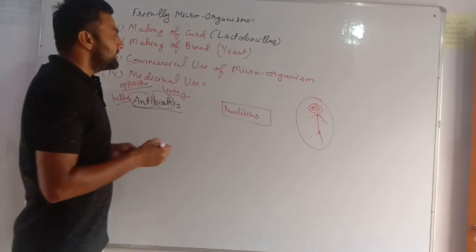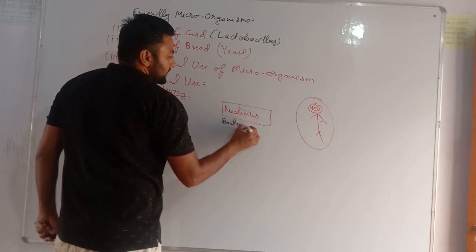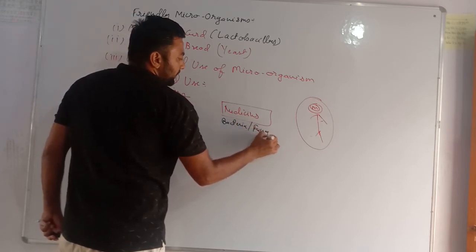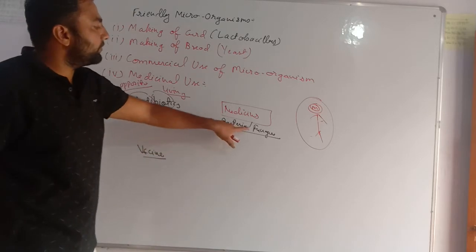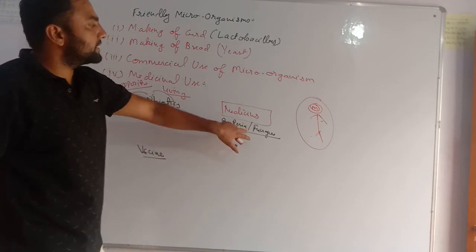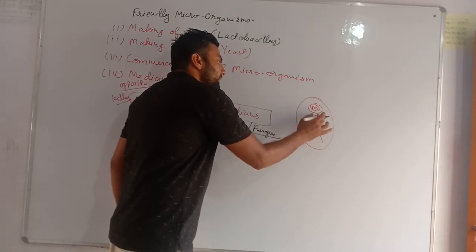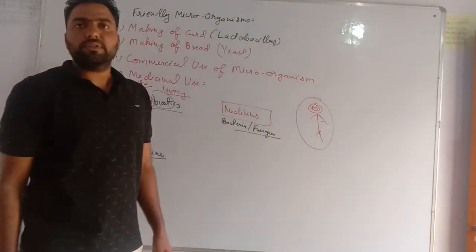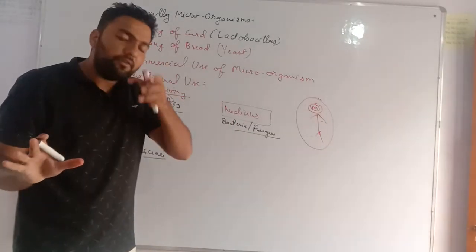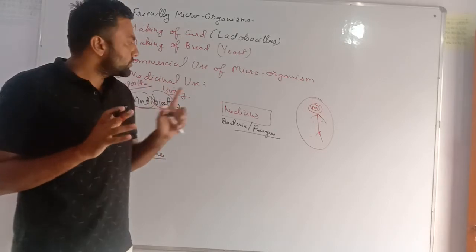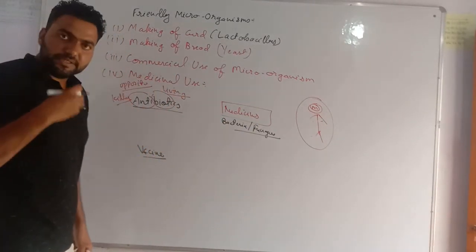These medicines themselves contain a few microorganisms, that is bacteria and fungus, which are capable enough to kill the microorganisms in my body, but they never affect my body cells. So antibiotics are the medicines which help us to cure a few diseases.